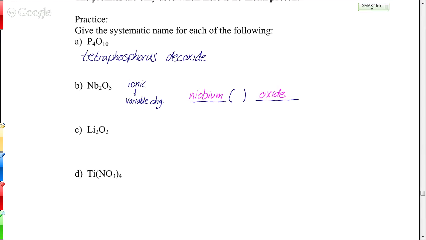Yeah, we have to balance it out. So what's the charge of oxide always? -2. So if there's 5 of them, what's the total negative charge there? -10. So then what does each of the 2 niobiums have to be to balance out that -10? 5. So that's going to be niobium(V) oxide.